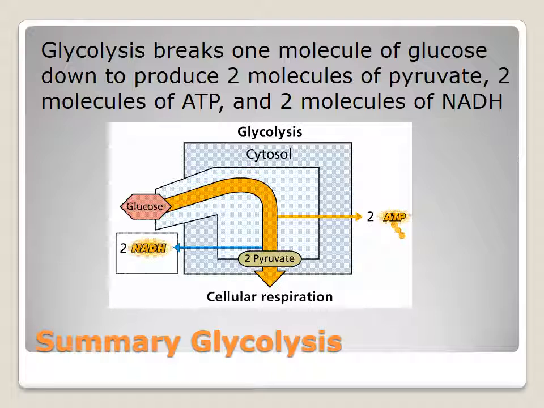You also have 2 ADP go in net total, and 2 ATP come out. This process is step 1, glycolysis.